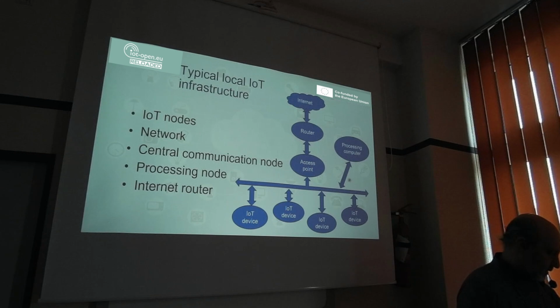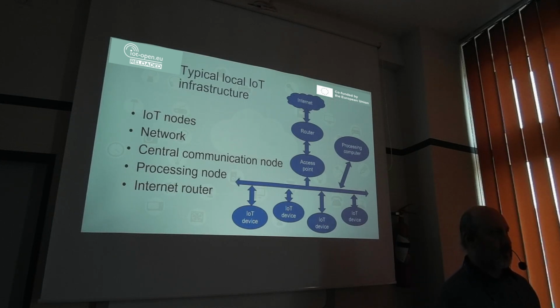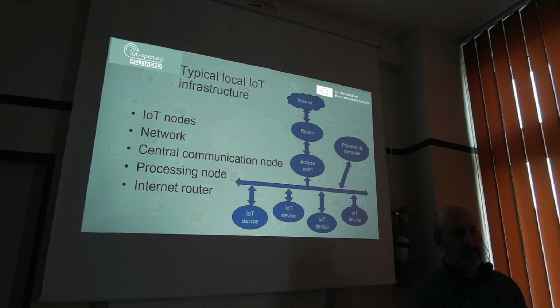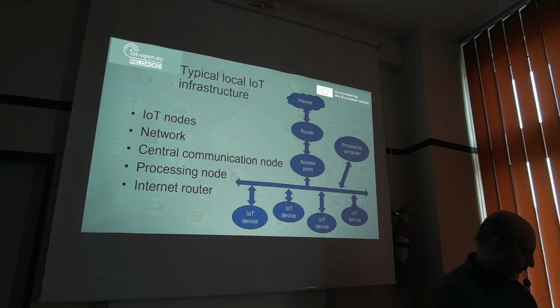All these nodes are connected through some network to an access point. We are not talking about a Wi-Fi access point only. This can be an access point, for example, for Bluetooth or for Zigbee. We have a router to the internet if necessary, and the local processing computer.